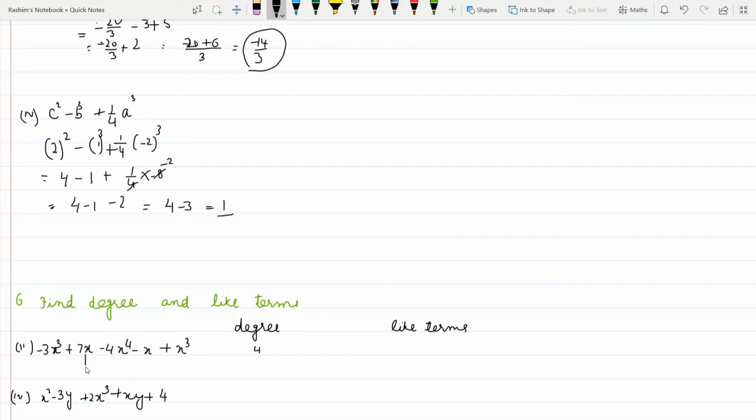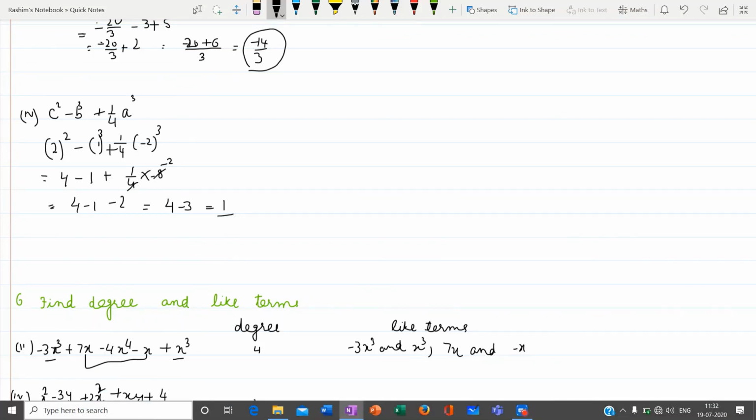We can see 7x and this minus x have the same literal coefficient x. Same way, this x cube and this x cube are like terms because they have the same literal coefficient x cube. So we will write minus 3x cube and x cube, they are like. Same way, we can write 7x and minus x.